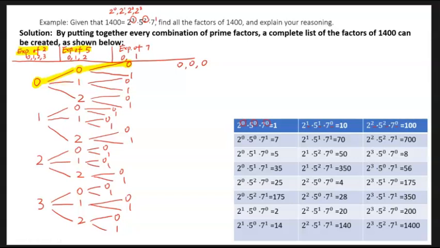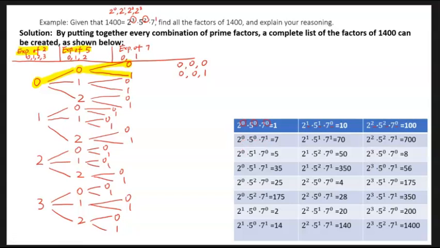So we're still going to choose 0 for 2, choose 0 for 5, but we can vary the exponent of 7 by choosing 1. So if you look at the root, we just go through, it's 0, 0, 1. So this is the second option, 0, 0, 1. As you can see, I have 0, 0, 1 here. And of course, after you do that, you multiply everything out, and because 2 to the 0 times 5 to the 0 times 7 to the 1 is 7, you can do the multiplication yourself.